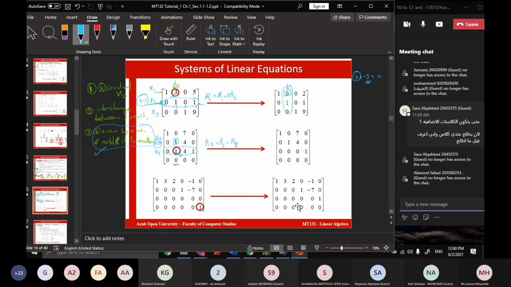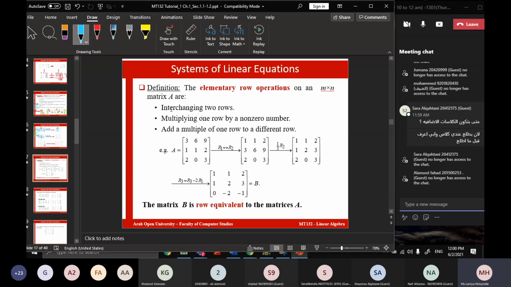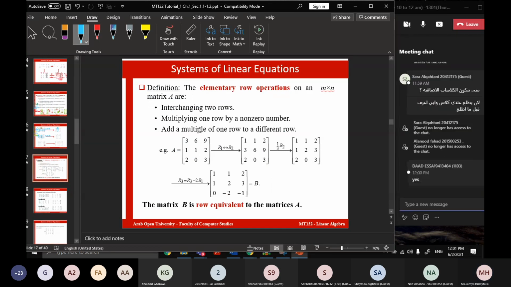Clear? Okay. How are we going to work? We will work only using these 3 ways or operations. To start from a system and reduce to the echelon form, we can do one of 3. One, interchanging 2 rows.